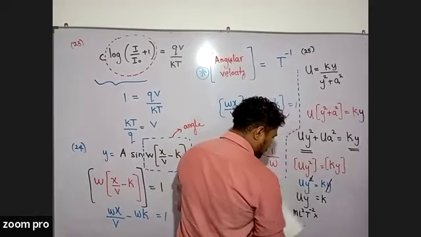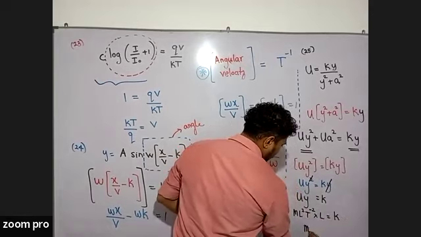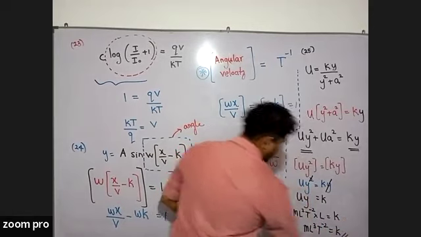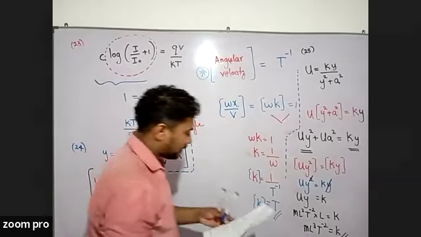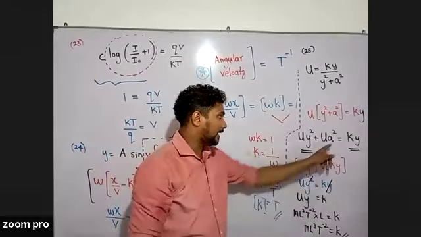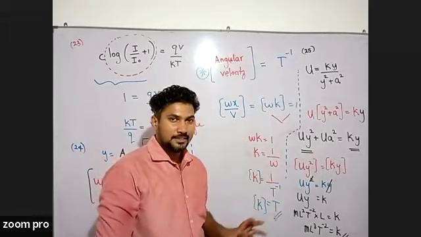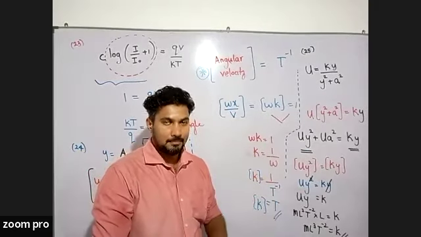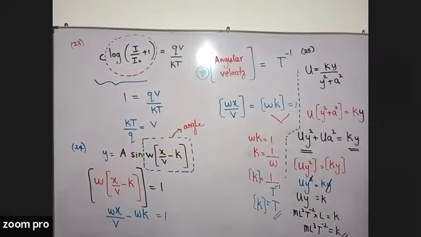Now y represents the displacement, so it should be L. Then dimensions of k should be equal to this, which is the correct answer, right? So without having an idea of a, you can figure out the answer, right? But additionally, keep in mind that amplitude is a kind of distance, a kind of length, right? So keep that in mind.